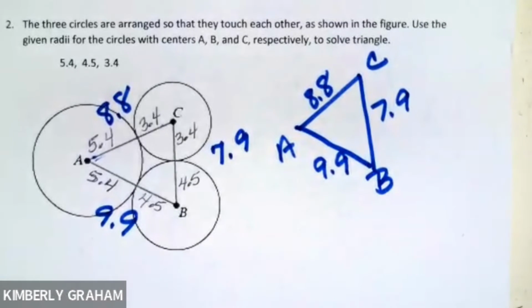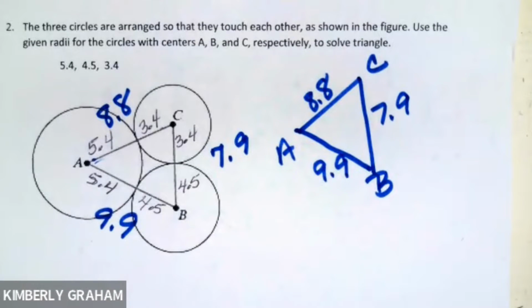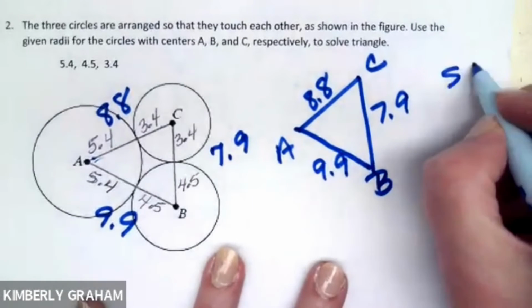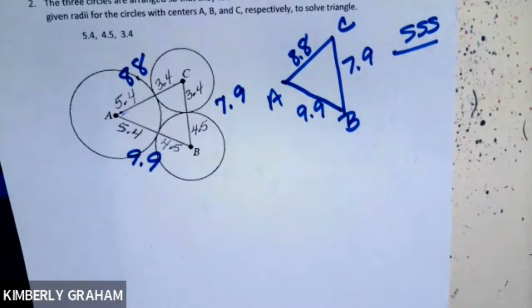So now you see that you have a triangle where you know all three sides. So you've got side, side, side. So you would use the law of cosines, first of all, to find the angle opposite the longest side.